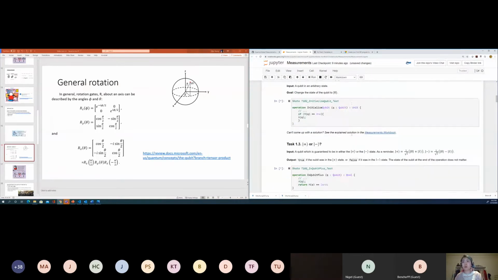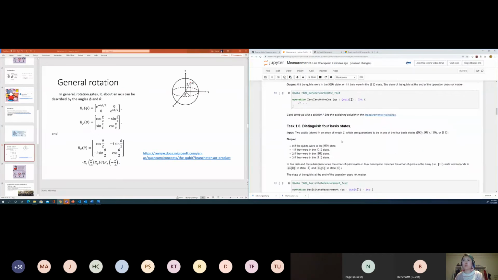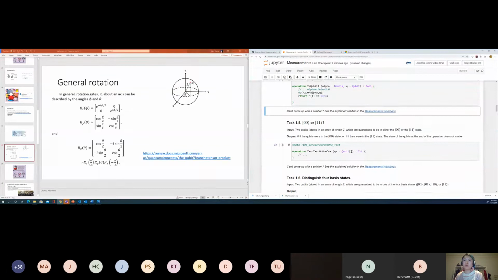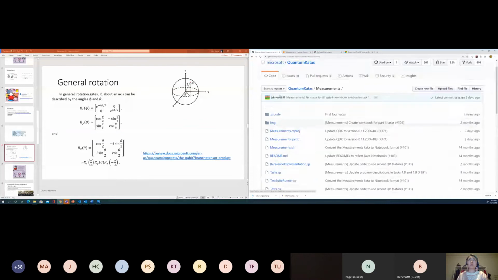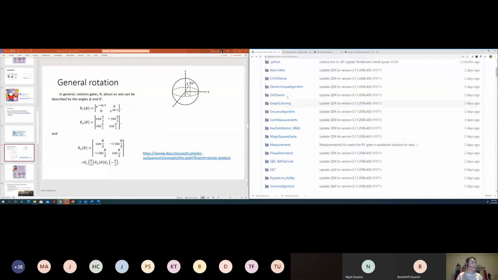This is a nice one. The later exercises are, I would think, less to do with measurement, but more to do with how you write the logic, and it's mostly classical logic. So we would not work on it now, but definitely take a look at these yourself and also try other katas. And if you haven't done the basic gates, you should do that.